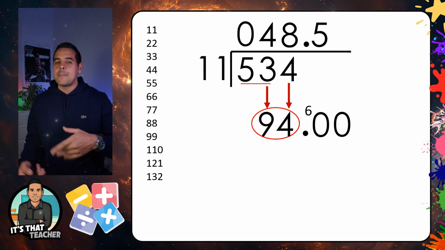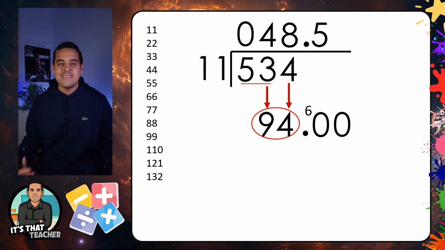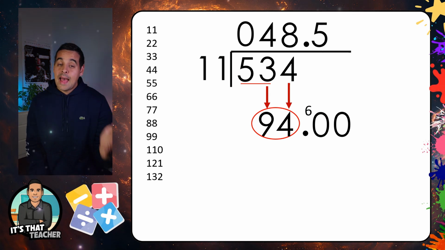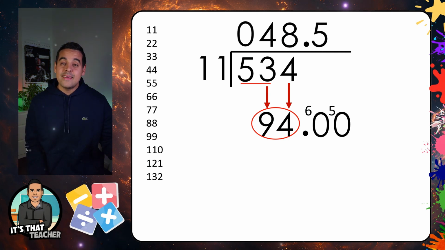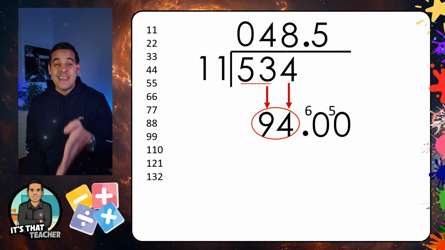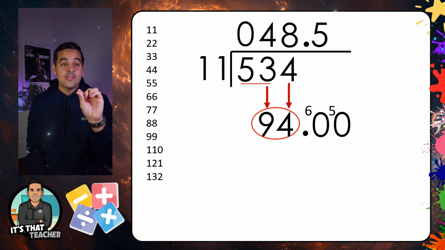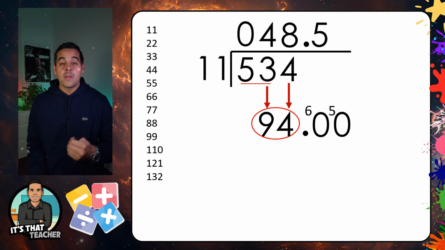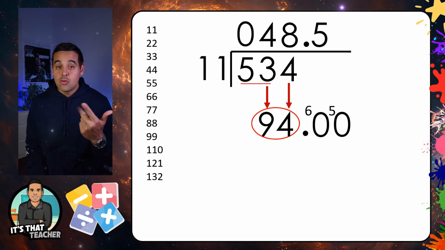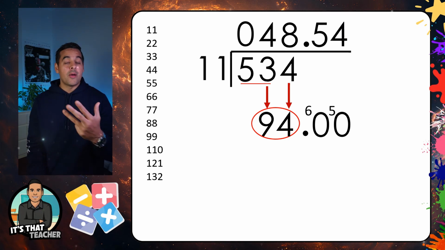We can't go more than that because it's more than 60. So, as we've done in our previous lesson, you put the remainder in front of the next 0. So now, how many 11s can fit evenly into 50? That would be 4, because we have 11, 22, 33, 44, okay?